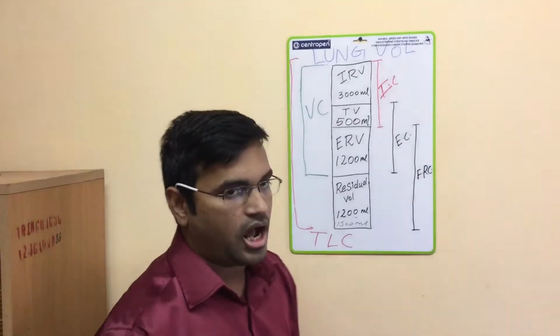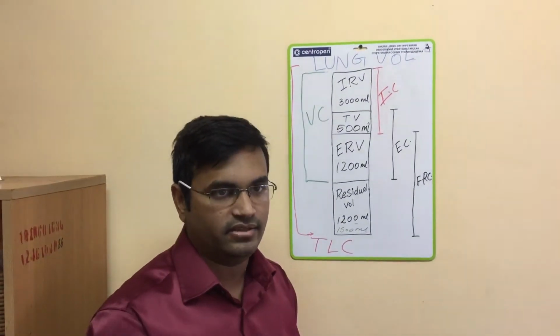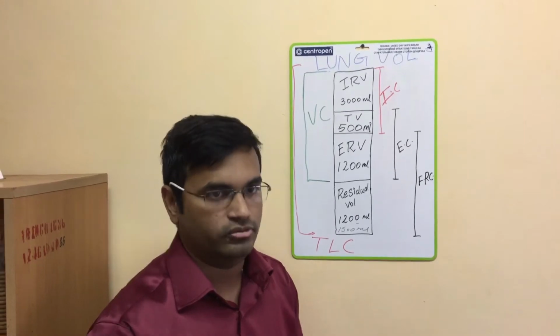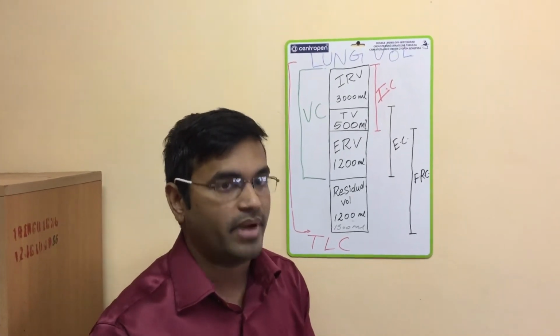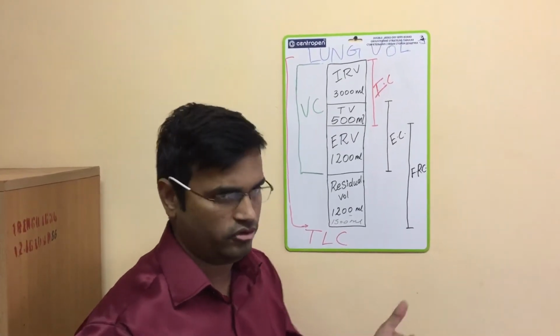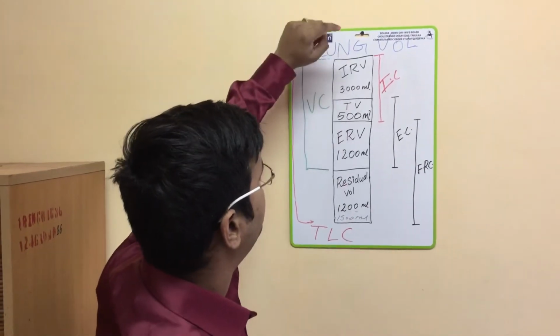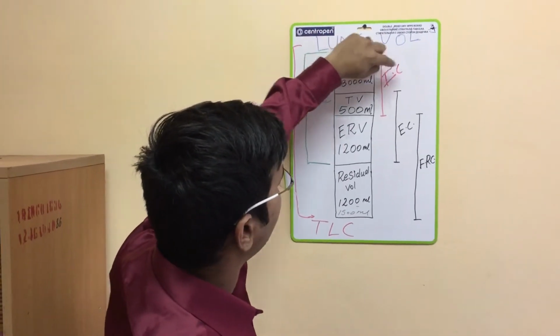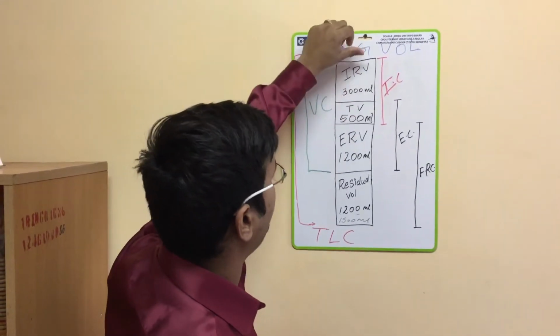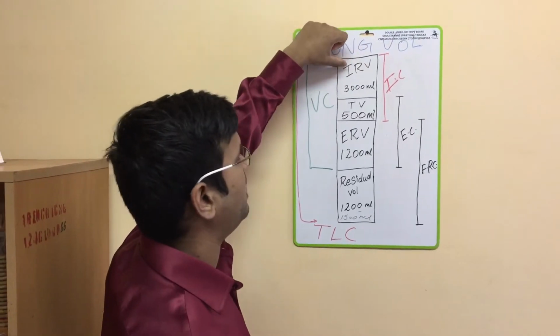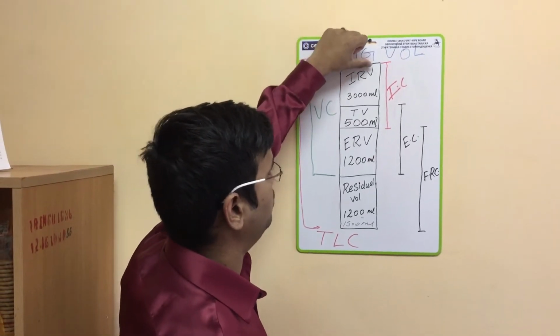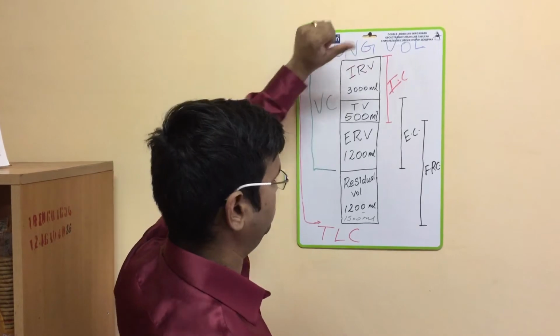After volumes, the main entities of the lungs are the volumes and the capacities. Capacities are derived from the volumes. So what are the capacities? One is inspiratory capacity, which is the sum of inspiratory reserve volume plus the tidal volume.